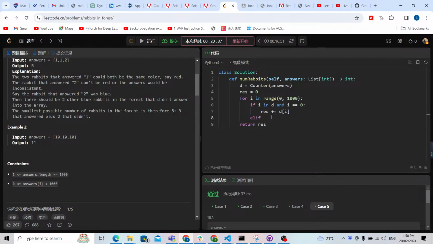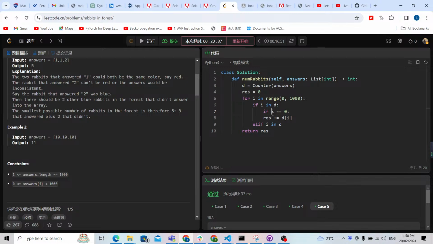So elif i in d, still in d. Let me use the if i in d first and then check this one. I'm gonna use 2 ifs: if i in d, if i equals 0, my result would be plus di.